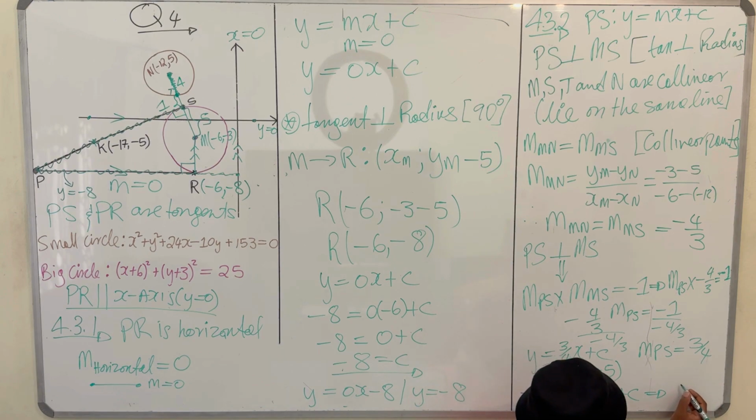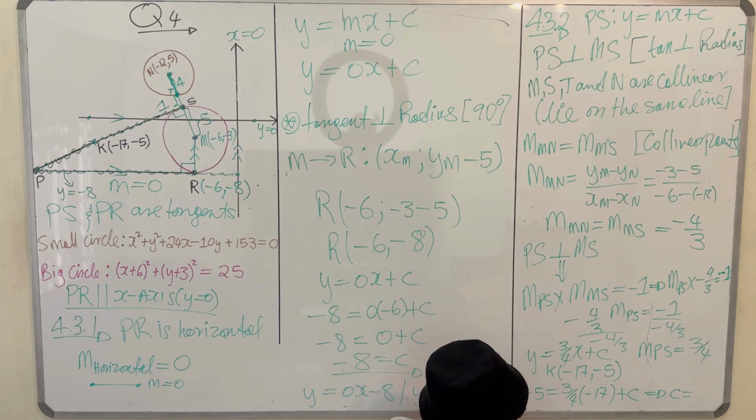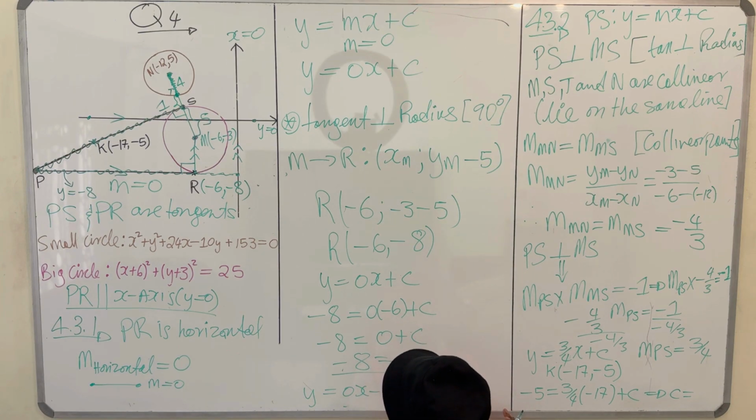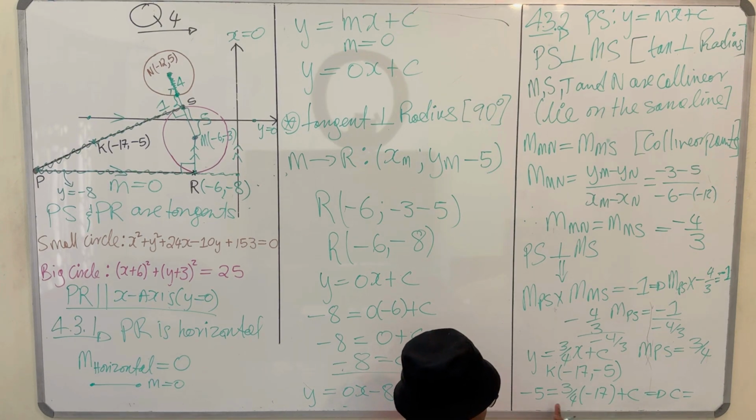I'm not sure if I have enough space, but you're trying to solve for c, where -5 is equal to this plus c. So you punch 3 over 4 times -17 into your calculator.